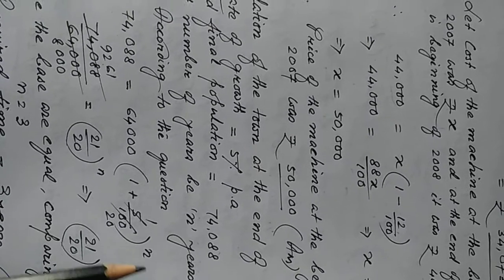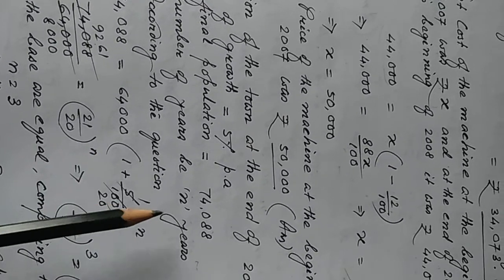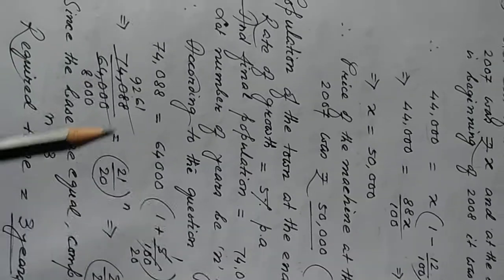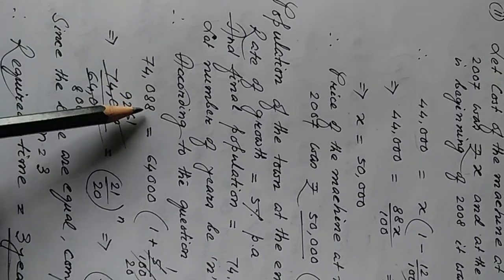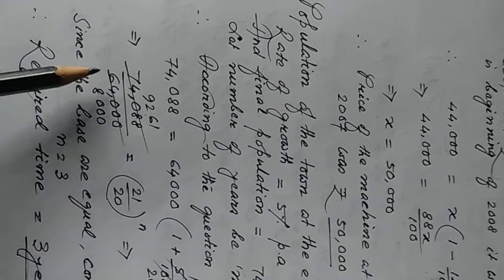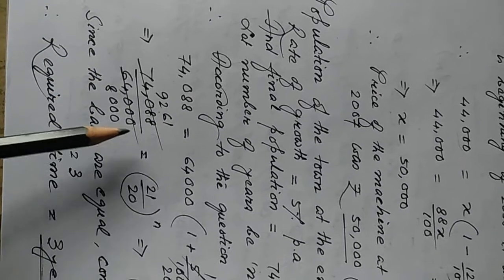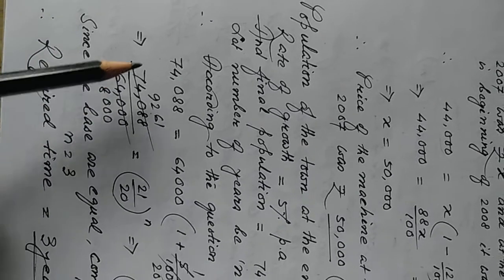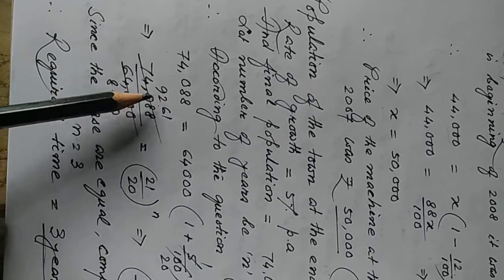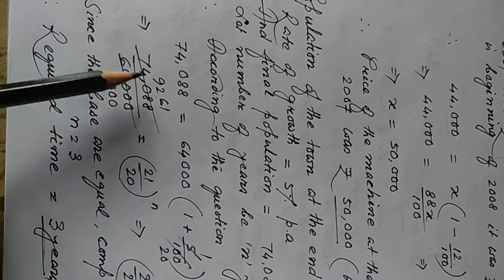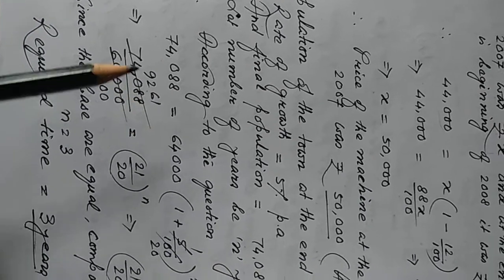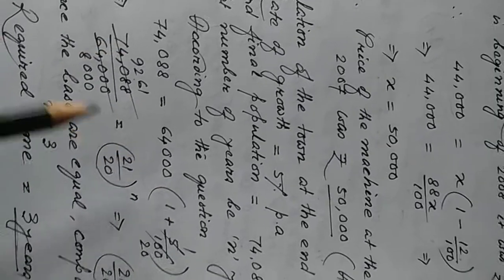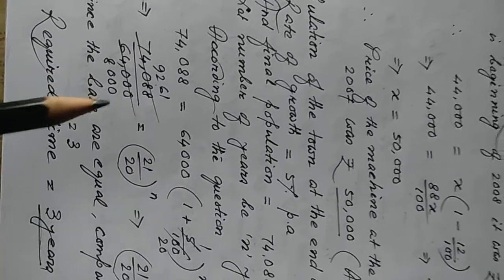By this formula 1 plus 5 by 100, reducing it 1 by 20, and then this will be 21 by 20, and then I write 74,088 by 64,000, reducing this, I divide it by 8, so 8,000, and dividing by this 8, this is coming 9,261. You know that 9,261 is cube of 21, and that 8,000 is cube of 20.